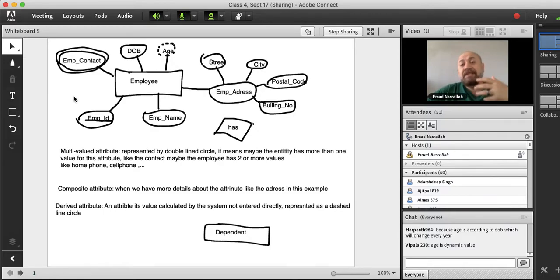So we should keep it changing depending on the date of birth and the current date, like the system calculating the age upon the current date and the DOB. So the age is derived. The DOB, of course not. It's fixed.